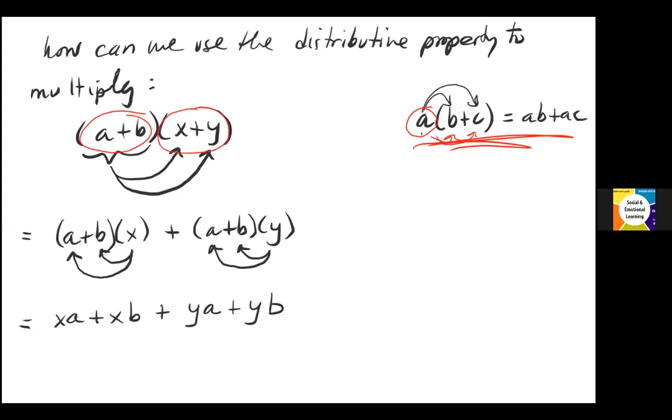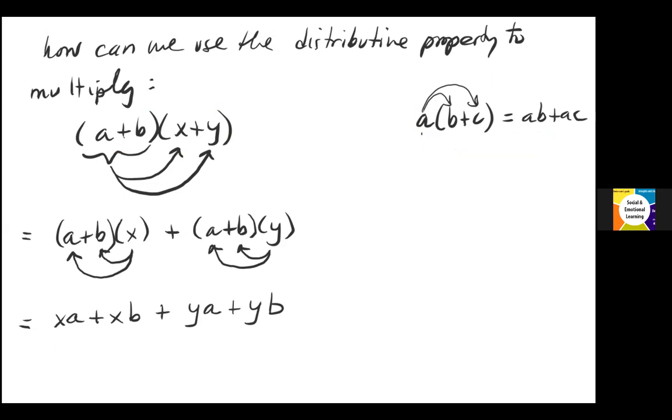So we're going to end up with 4 terms at the end. But we didn't do anything different than just apply the distributive property, but we applied it twice. So that's an example that I think is important. That's going to come up later in several weeks' time. We're going to revisit this, but it's just an extension of the distributive property.